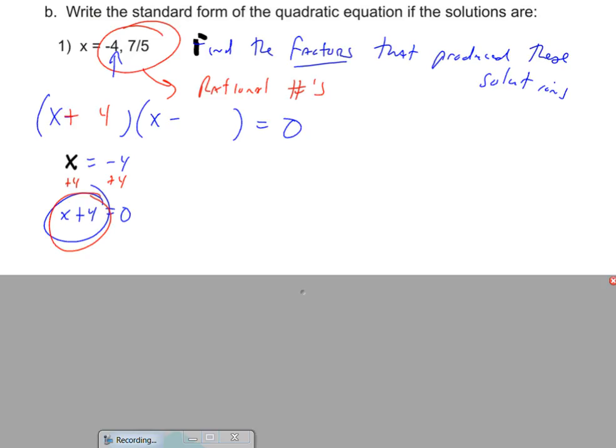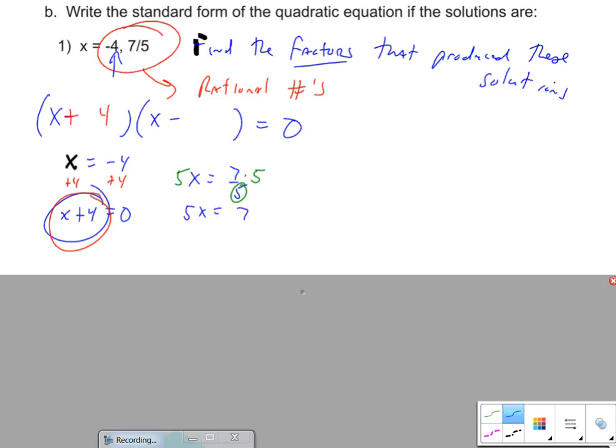And then in the second one, your x equals 7/5. In this one, you got to move the 5. Multiply both sides by 5, and you get 5x equals 7. And then you got to move the 7.